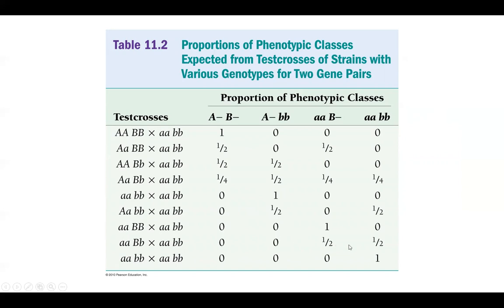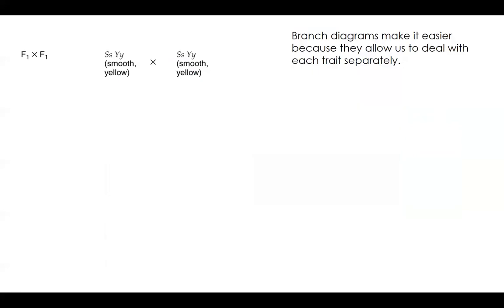But you can see if we could shorten this, this would be a lot easier. So let's try this as a branch diagram. It does take a little while to get the hang of this, but once you're really comfortable with the ratios, you can do this simply by multiplying without having to set the whole branch diagram up. But for now, we're going to go through it step by step because that's how we learn.